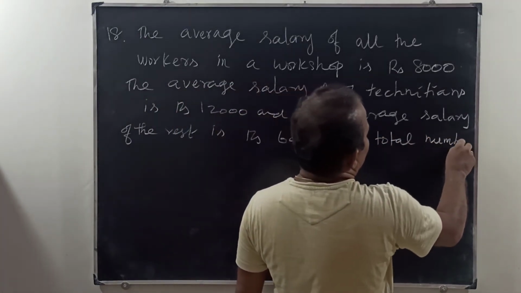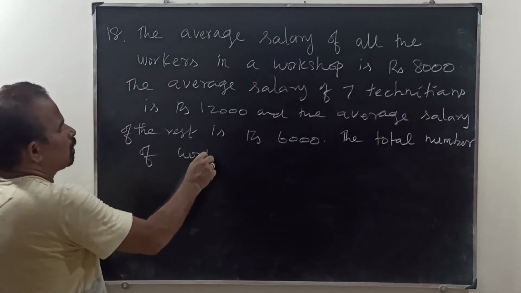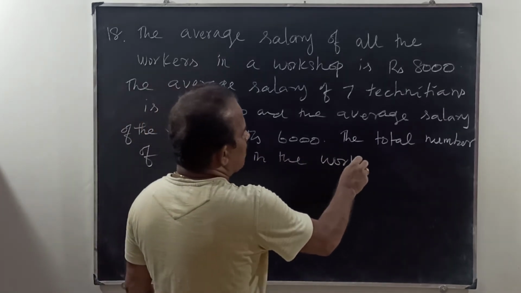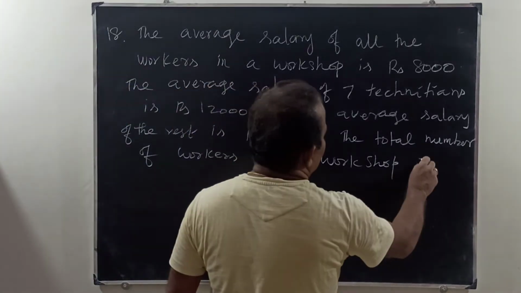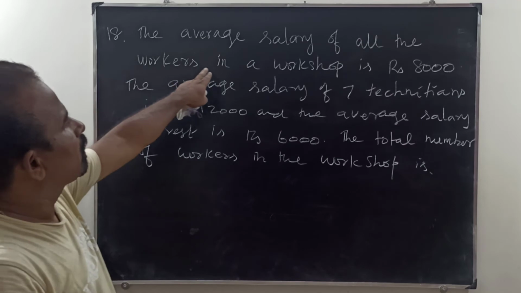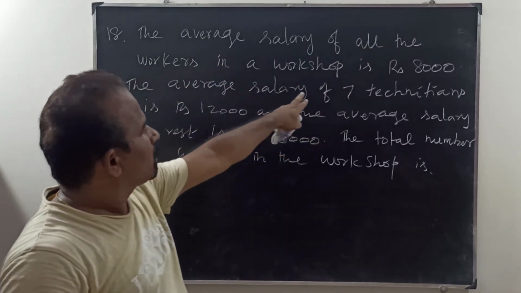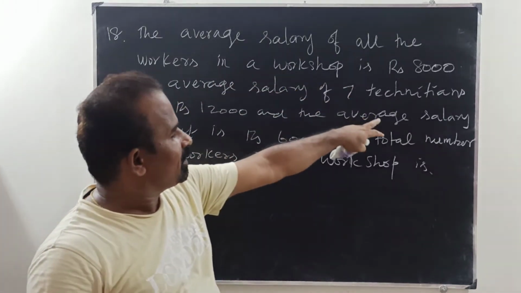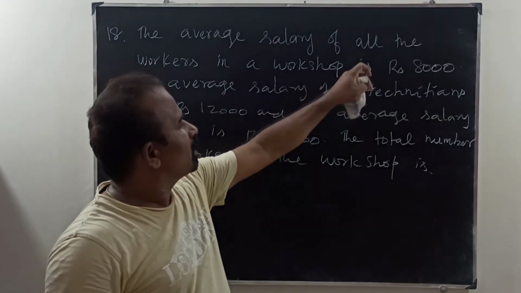In the workshop, the 7 technicians' average we know, the remaining workers' average we know, and the total average we know.